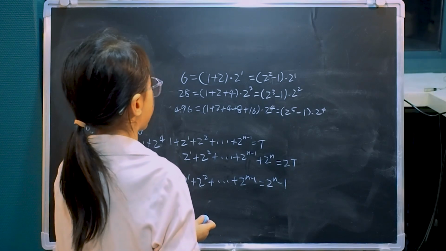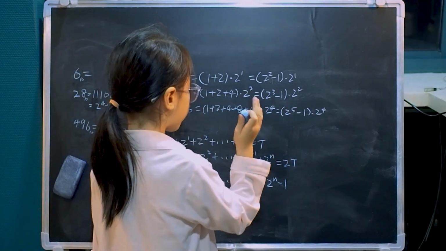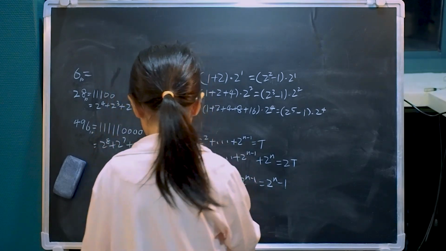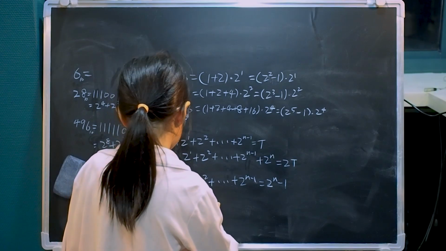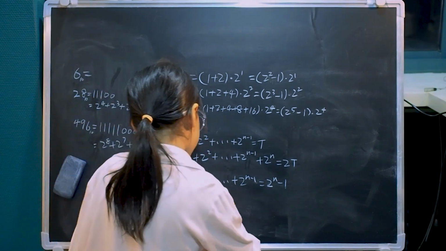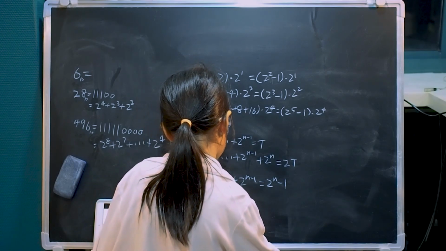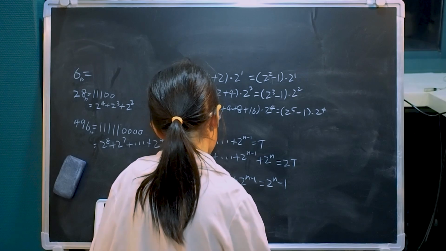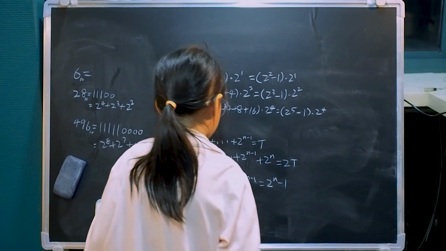So that means the perfect number is equal to, and we say p is the prime, so we can say 2 to the p minus 1, and write the whole thing times 2 to the p minus 1.